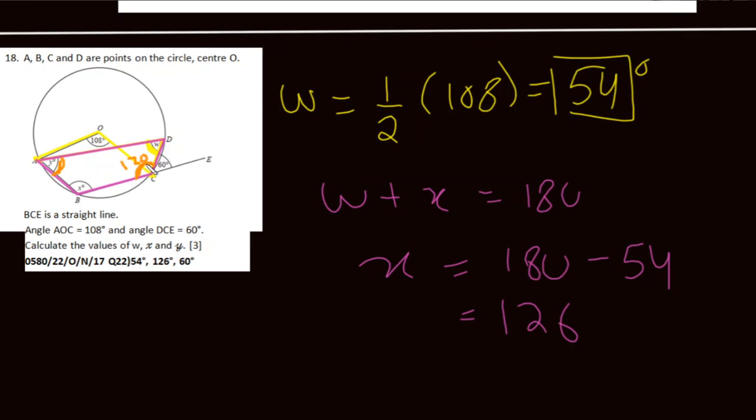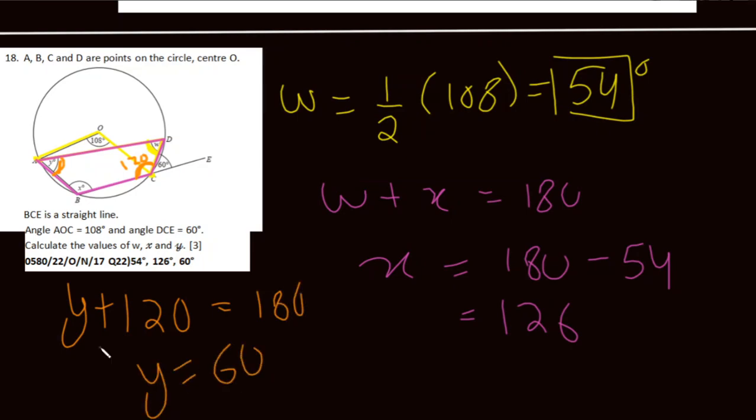So 180 minus 60 is 120, and to find Y, we'll do Y plus 120 equals 180, which gives Y equals 60. Again, the property being used here is that angles in the opposite segments are supplementary, also known as opposite angles in a cyclic quadrilateral sum up to 180.